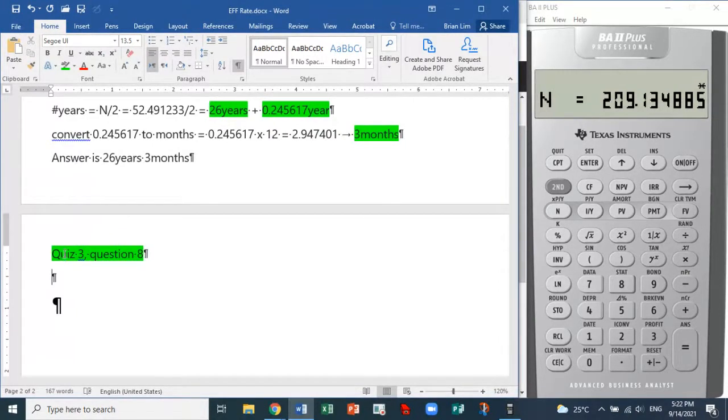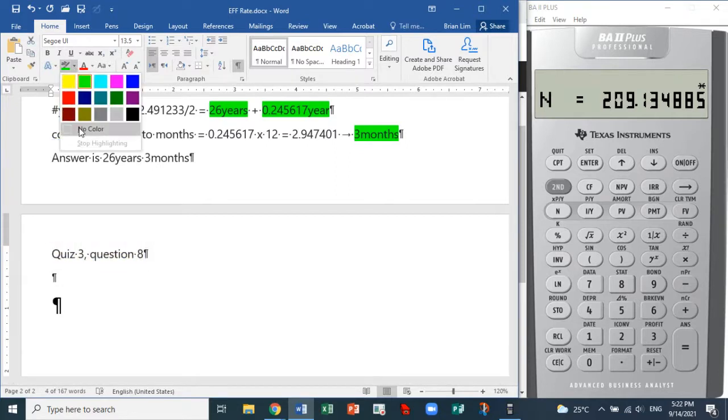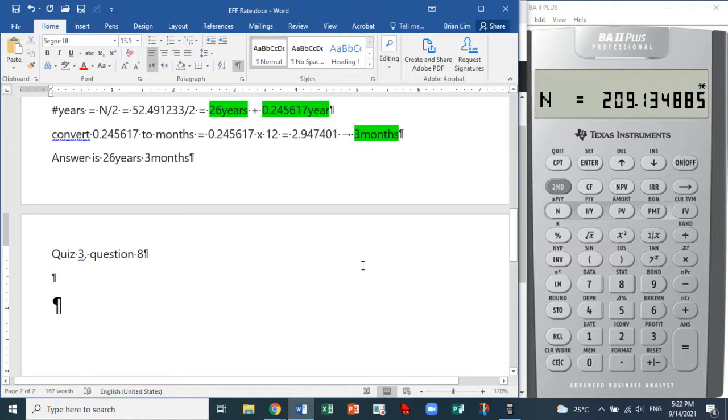All right, maybe we'll just take some highlighting and or just get rid of it very easily. No color, and we're there. All right, so n, yes, it insists on giving us some color, so we'll go merrily along.